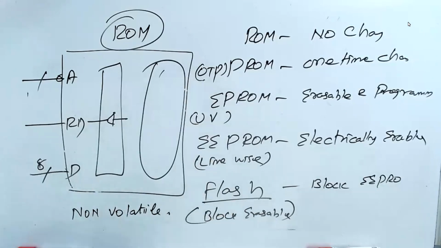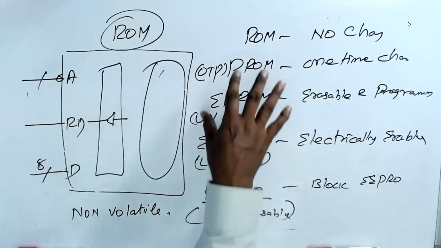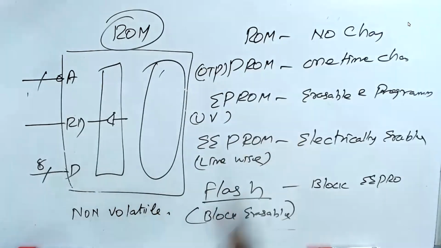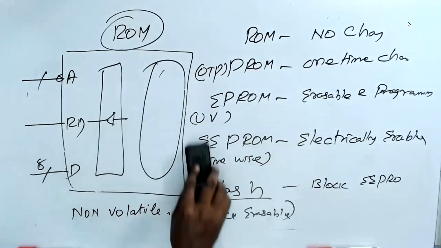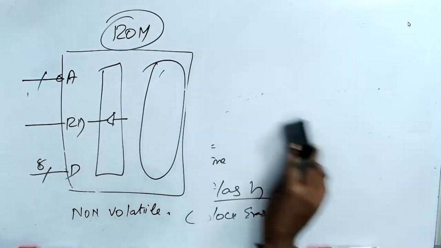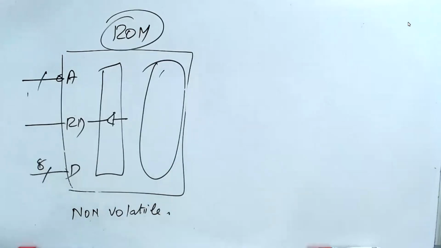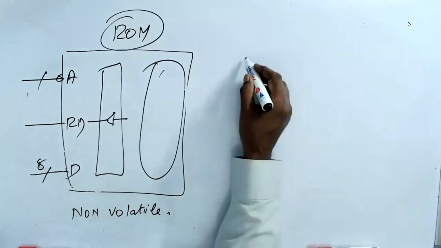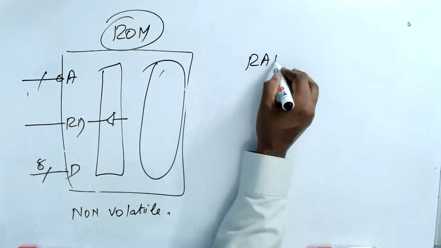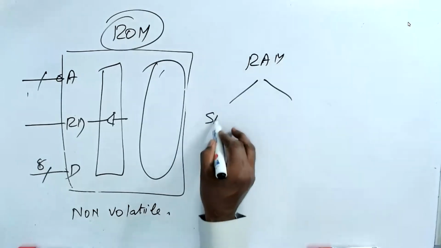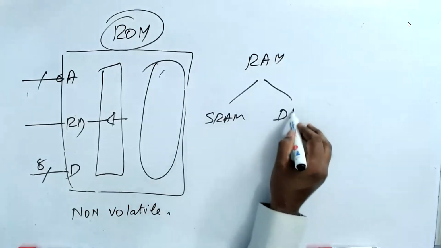But in the flash system, there are two types. I'm going to explain all these later, not now. After we discuss embedded system programming, I will discuss all of these thoroughly in one class, all about memories. Even in the RAM itself, there are two types: one is called SRAM, another is called DRAM.